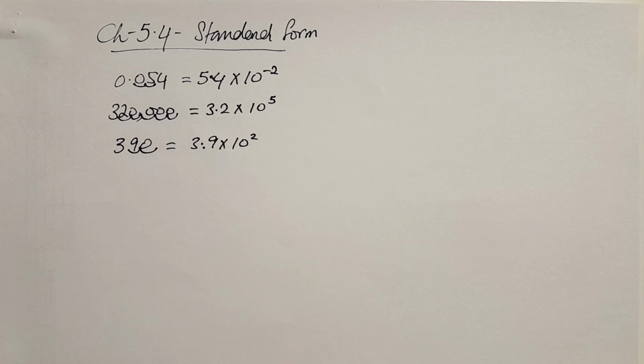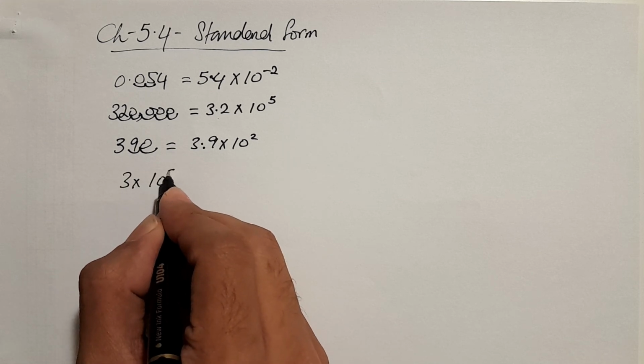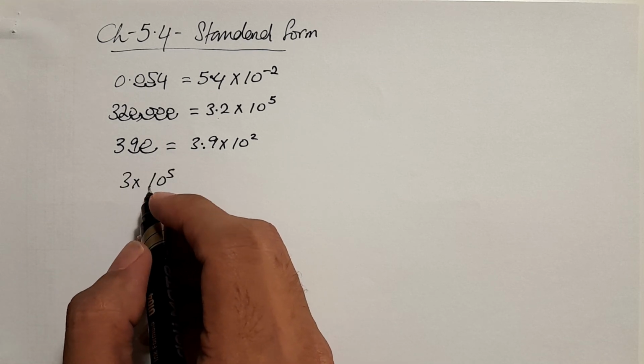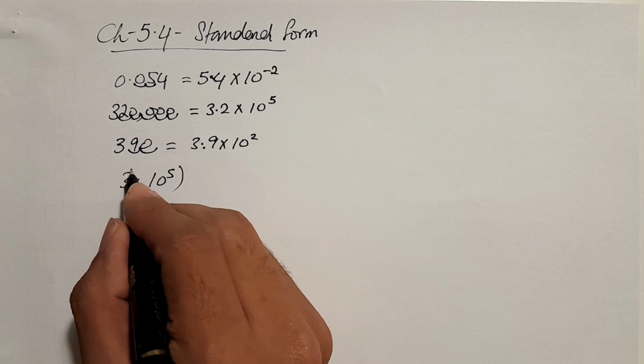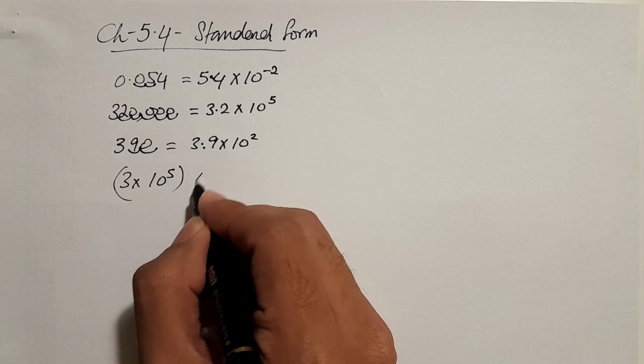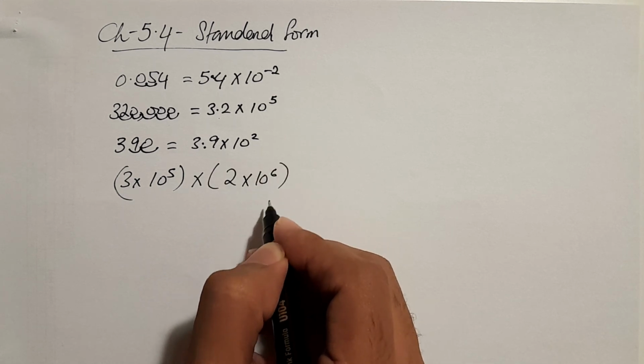Now when using standard form, if we have another type in which we have 3 multiplied by 10 to the power of 5. This is standard form. Now we have to write this in standard form with the other brackets, multiplied by 2 multiplied by 10 to the power of 6.